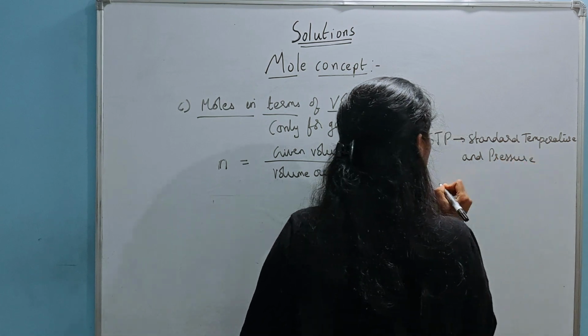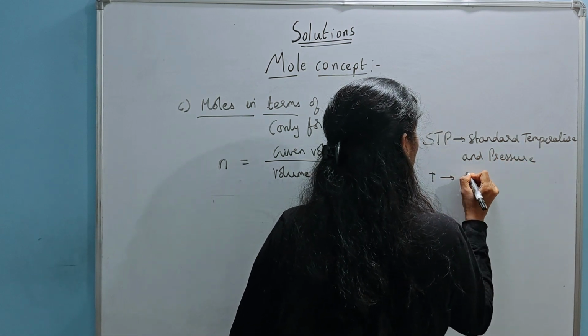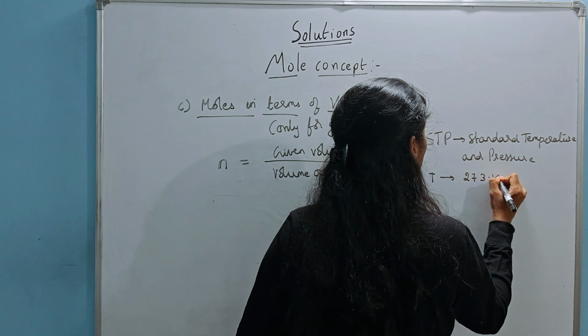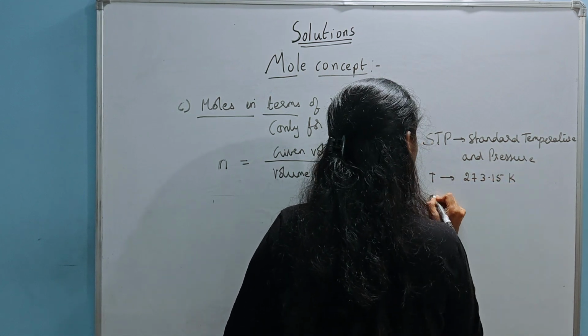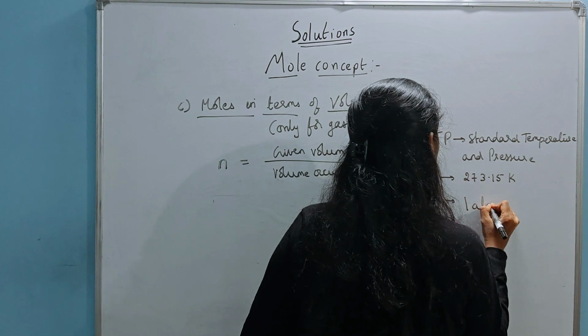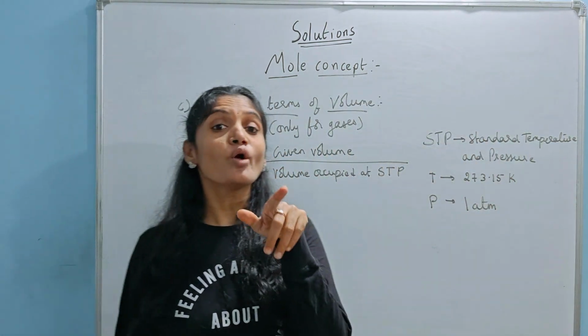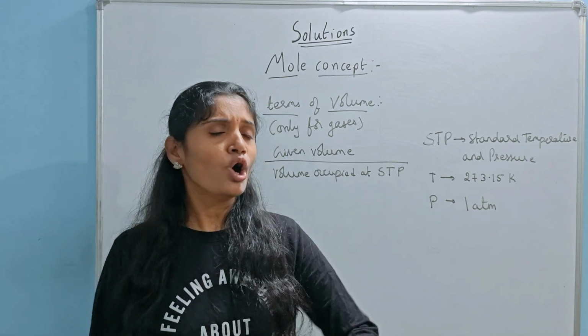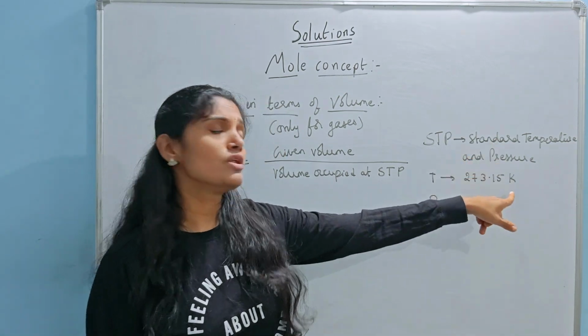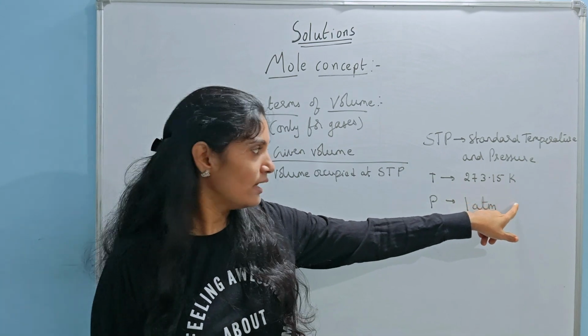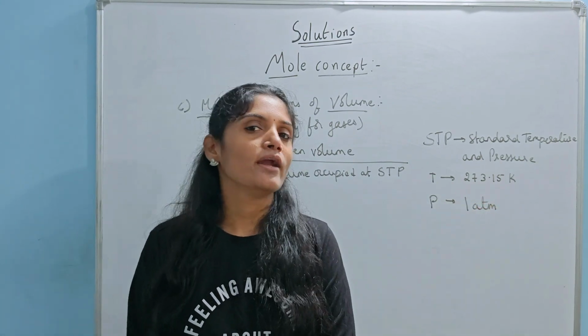What is the standard temperature we are talking about here? 273.15 Kelvin. The standard pressure is 1 atmosphere. So when I talk about oxygen at STP, it means oxygen is at a temperature of 273.15 Kelvin and a pressure of 1 atmosphere.